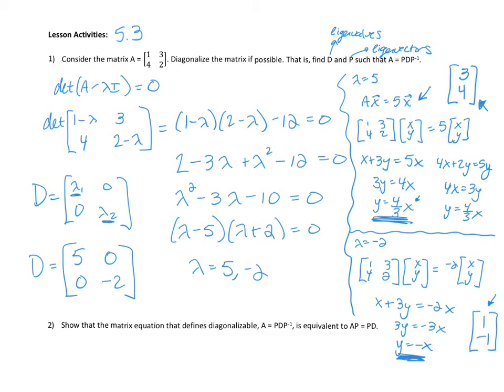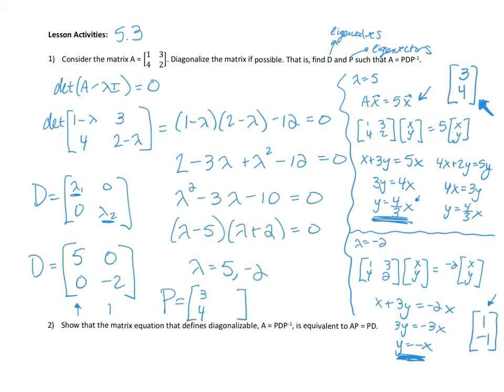So my P is a matrix where the columns are the eigenvectors that correspond to the eigenvalues in D. So in D, I put the 5 in the first column. So in P, I'm going to put the eigenvector that corresponds to 5 in the first column. So 3, 4.